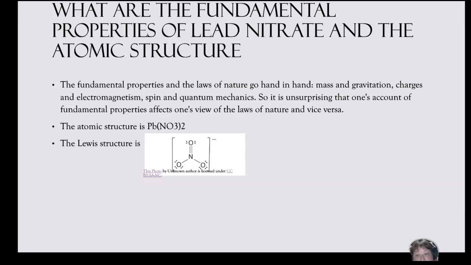So it is unsurprising that one's account of fundamental properties affects one's view of laws of nature, and vice versa. The atomic structure is Pb(NO3)2. The Lewis structure is O N O O, equaling 24 electrons.